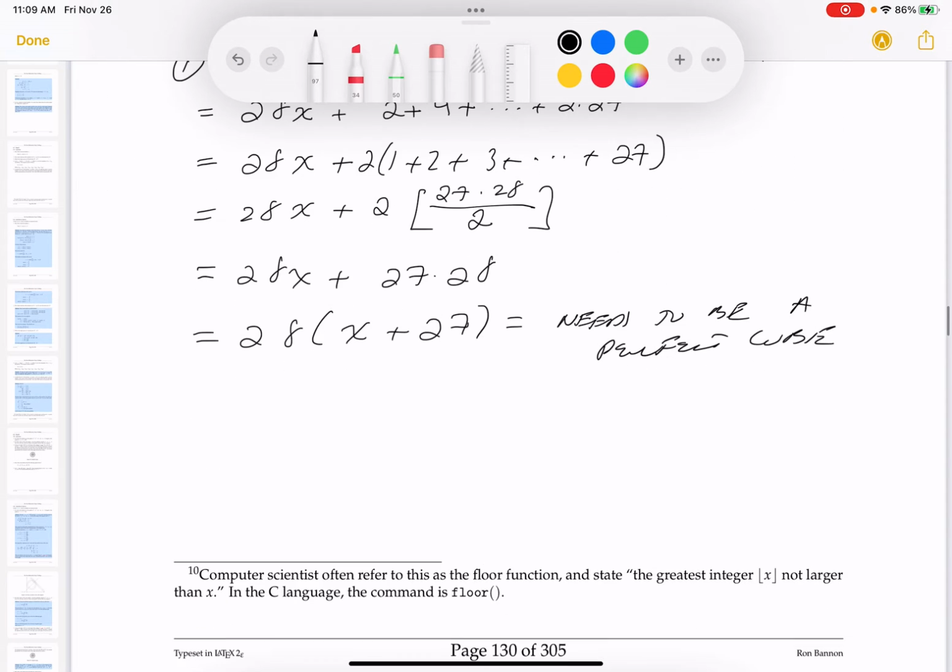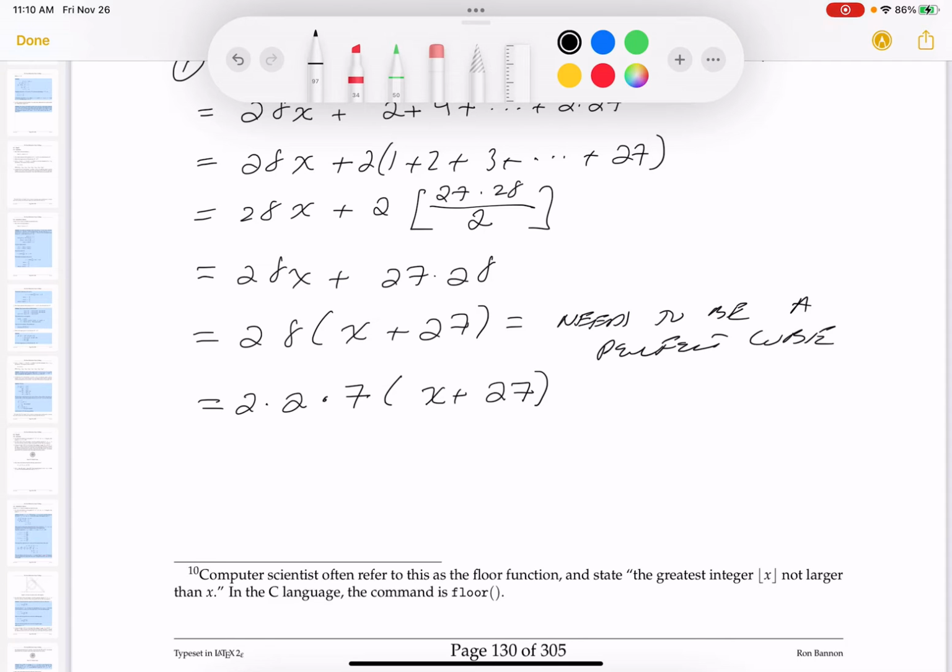All right, let's go through it. I've got to multiply this out, but to do that, I'm going to write the factors of it, but I want it to be a perfect cube. So 28 is actually 2 times 2 times 7. And then over here, what are you going to get? You're going to get x plus 27. And that needs to be a perfect cube.